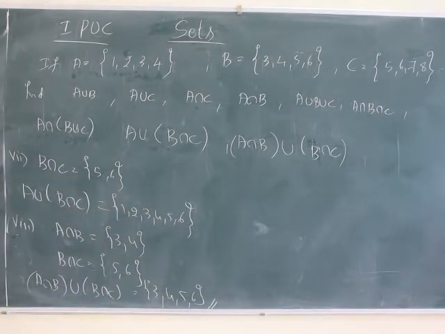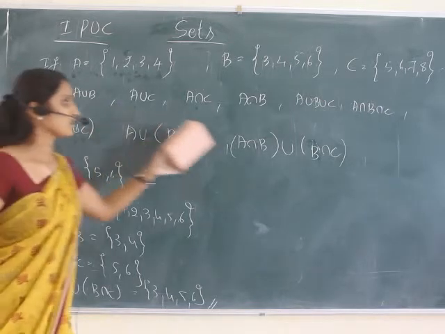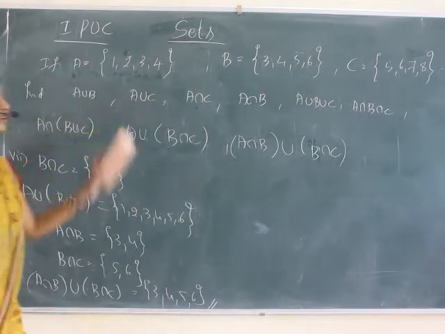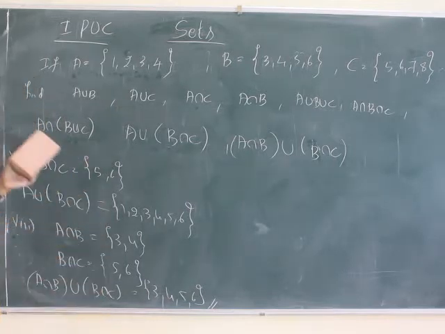In the exam, you won't get so many questions like this, 8 or 9. You may get a maximum of 2 or 3. If it is for 2 marks, they will ask you to find any 2 values. If it is for 3 marks, they may ask for any 3 or 4.